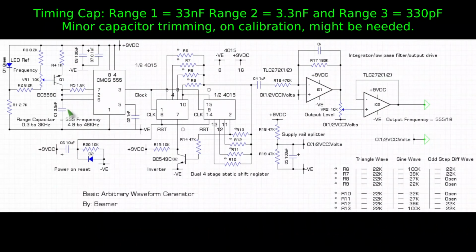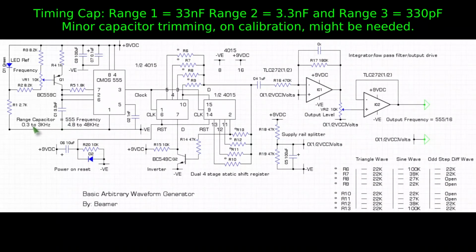For range 2, the first range of this oscillator is from 30 Hz to 300 Hz. The second range, which is the one illustrated here, is from 300 Hz to 3 kilohertz. That translates to a 555 frequency of 4.8 to 48 kilohertz.